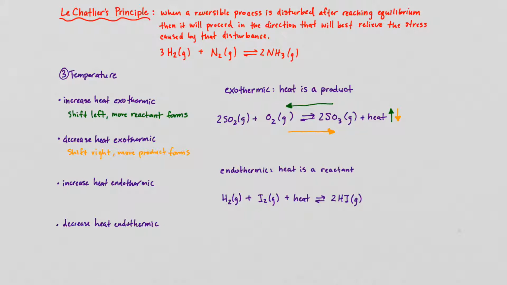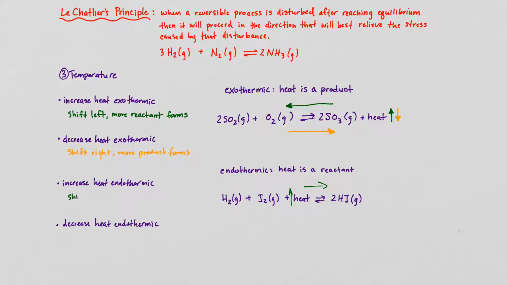So if heat is a reactant for an endothermic reaction, then what happens when we increase the heat? Okay, so we increase the heat. Well, if we increase the heat, remember the heat is going to act like a product with a concentration, so it's going to push the equilibrium to the right.